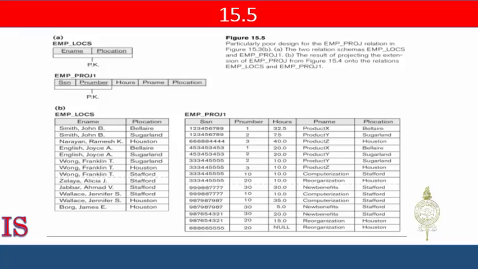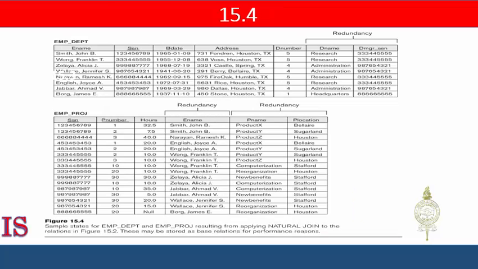Suppose that we use EMP_PROJ1 and EMP_LOCS as base relations instead of EMP_PROJ. This produces a particularly bad schema design because we cannot recover the information that was originally in EMP_PROJ, right here, from EMP_PROJ1 and EMP_LOCS.